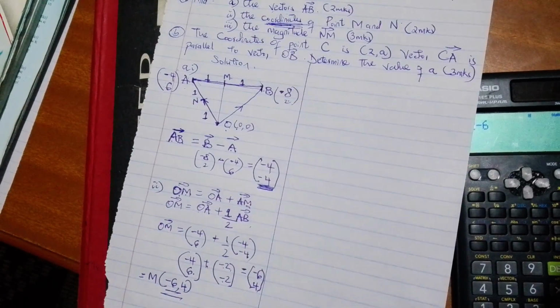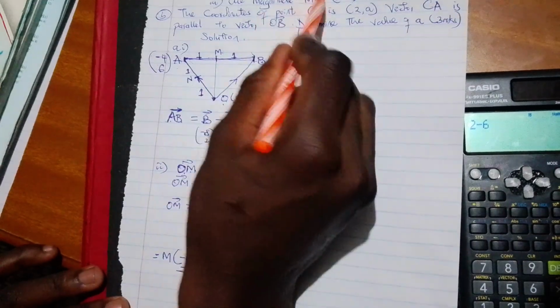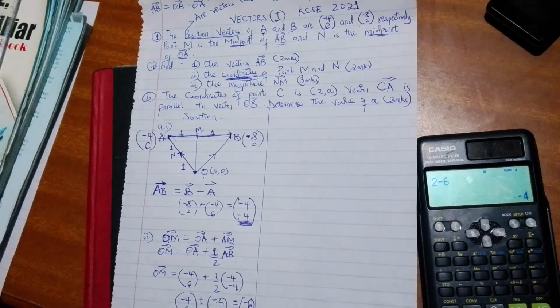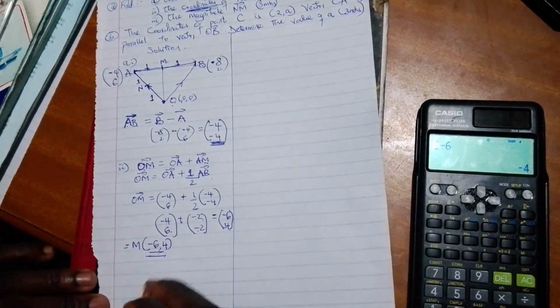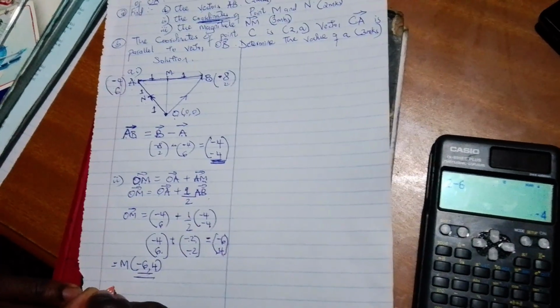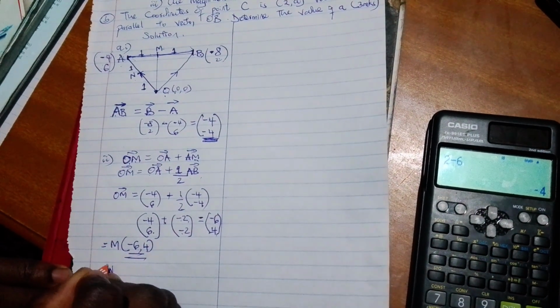That is the first bit. Then, coordinates of point N. So let us now do it for N. Getting the coordinates of point N is the same as getting the position vector of point N, ON.